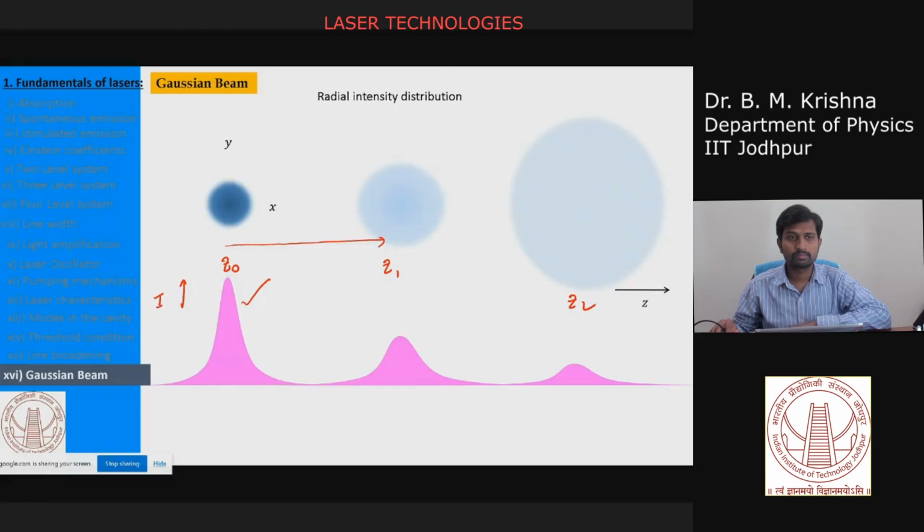As you propagate along the propagating direction on either side of the focal point, your beam size increases and eventually the peak intensity of the beam decreases, and still they follow the Gaussian profile, but as you see, your peak intensity varies from the focal point to away from the focal point.